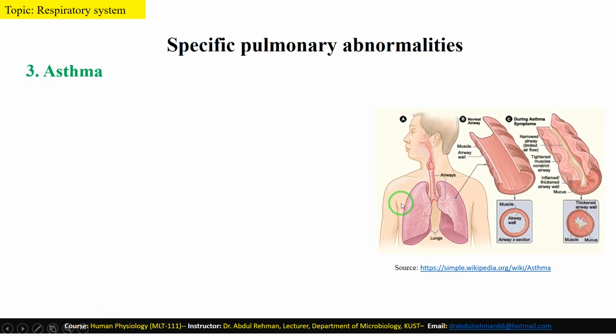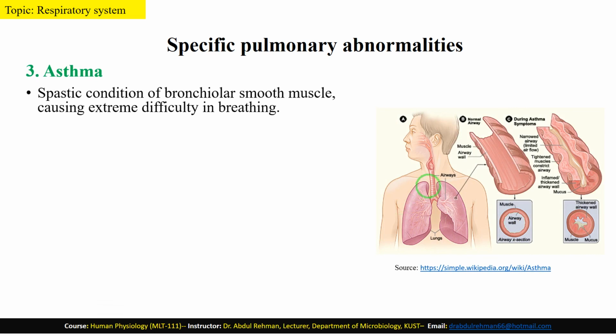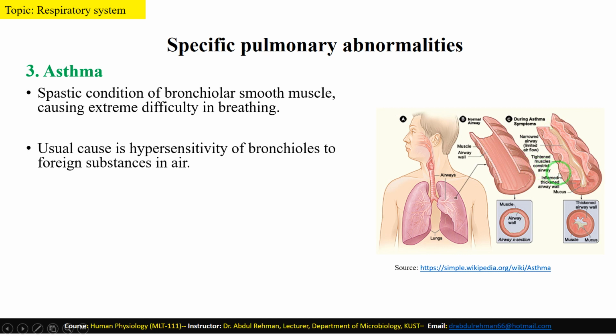The third pulmonary abnormality is asthma, a spastic condition of bronchial smooth muscle causing extreme difficulty in breathing. Here you can see this is the normal airway, and during asthma the airway is filled with different fluid particles, etc. So as a result, a person can feel difficulty in breathing. Usually it causes hypersensitivity of the bronchioles to foreign substances.